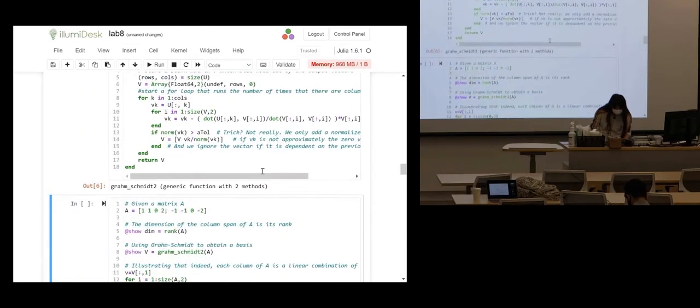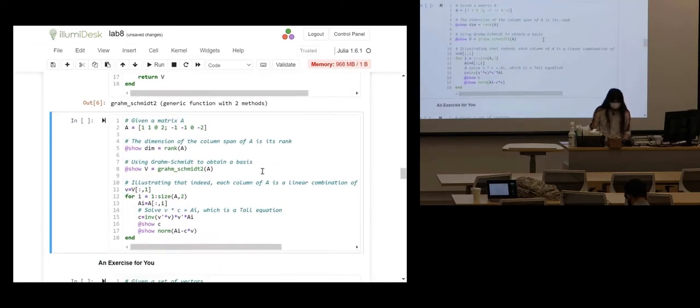Okay, here is the example. We give a matrix A, which is a 2 by 4 matrix, and we can calculate the rank of this matrix, which is the dimension of the column span. And we can use Gram-Schmidt to obtain a basis for the column span of the matrix A.